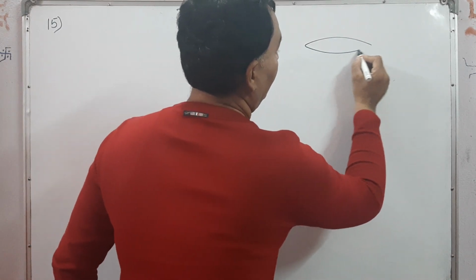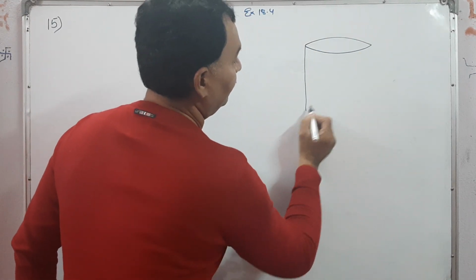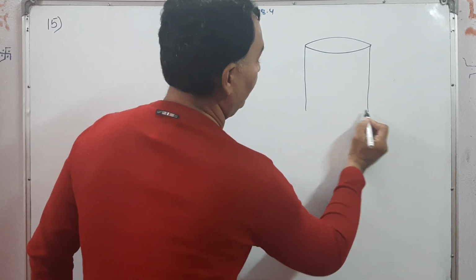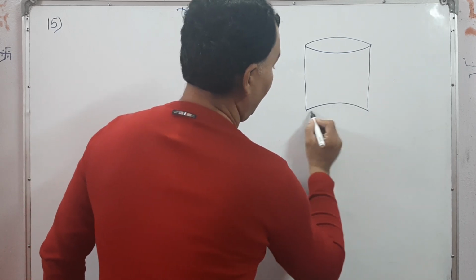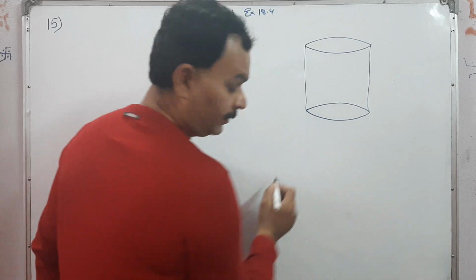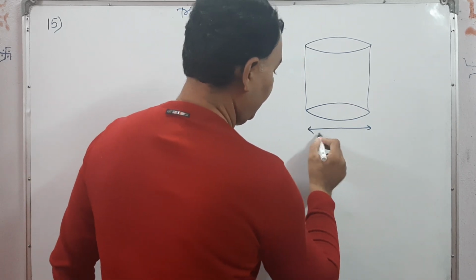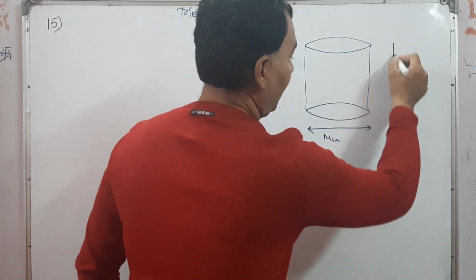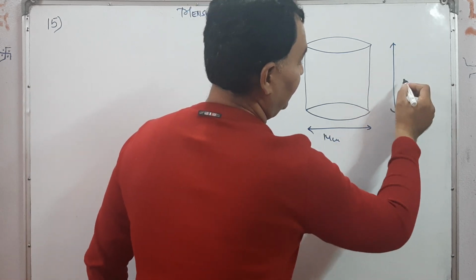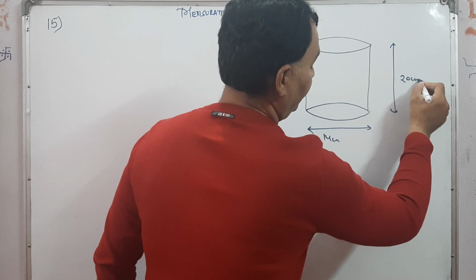We have a milk powder cylindrical box whose base has a diameter of 14 centimeter and the height of the cylinder is 20 centimeter.